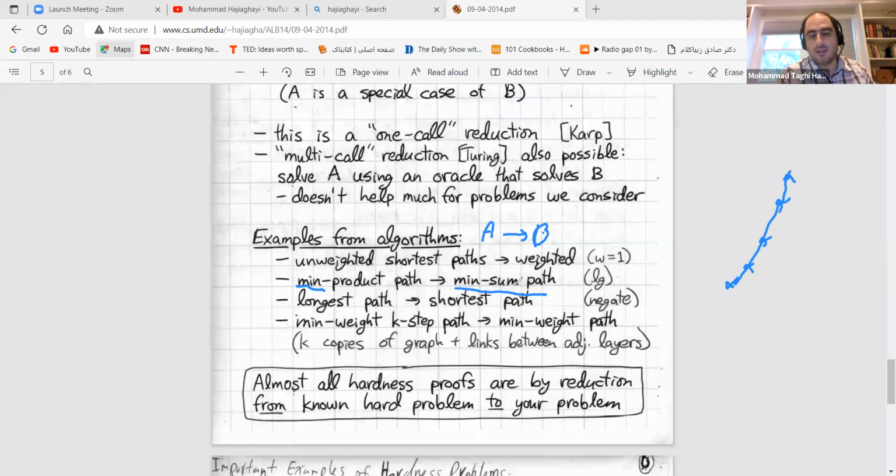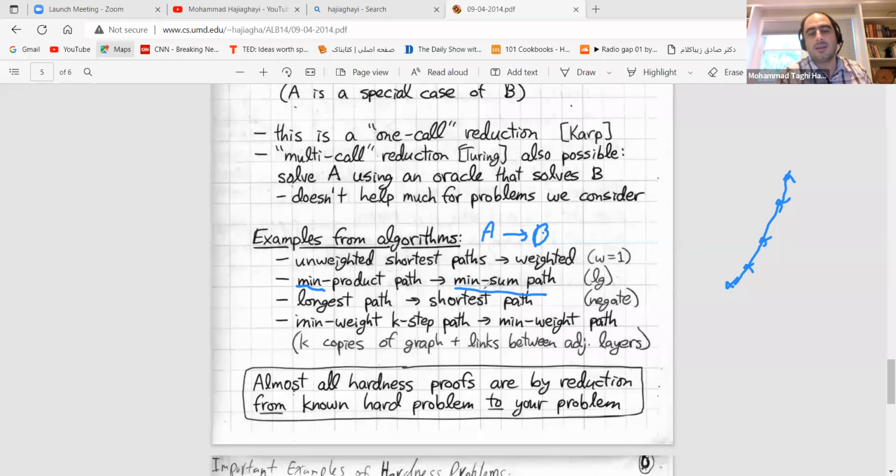We can show that the sum version is as hard as the product version. Why? Because if the product version is given to us, we just take the logarithm of the weights and then solve the min sum problem on that.